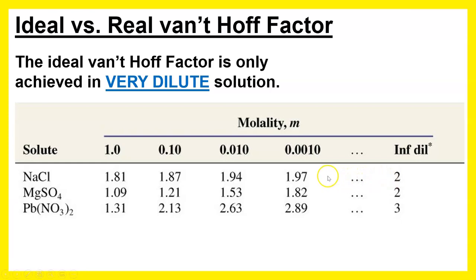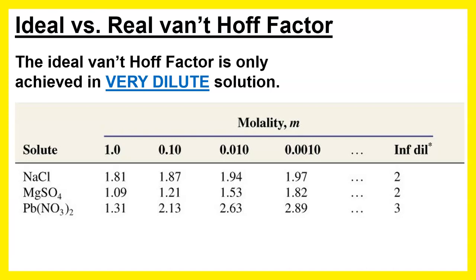But the more concentrated you get, the less ideal your number gets. Your Van 't Hoff factor, your real factor, gets smaller because not all the salt's going to dissociate. Just because you dump it in water doesn't mean 100% is going to dissociate. So the more concentrated it gets, the less perfect your answer would be.